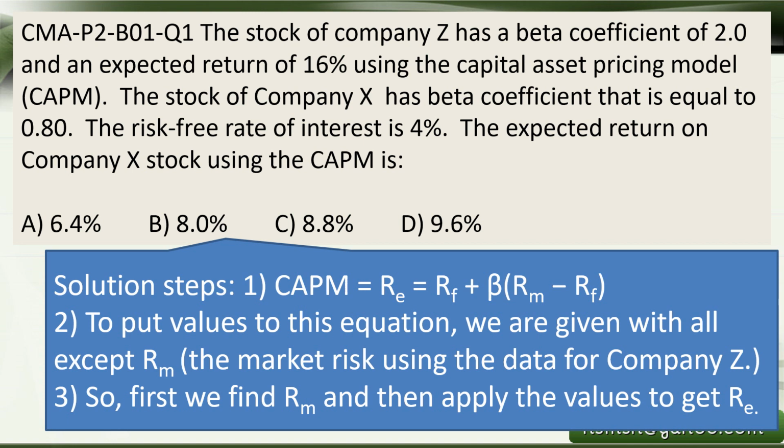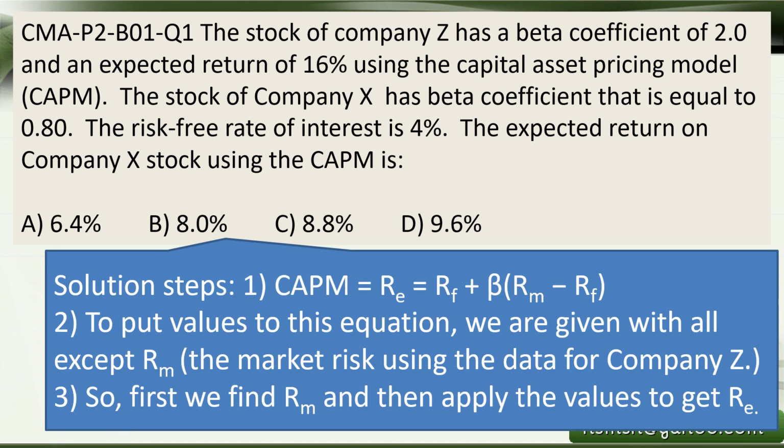So first, for the company Z, almost all the values are given except the market return for the portfolio. So applying the formula, we can get the return from the market for the portfolio itself, and then we apply that for the company X. That's the idea.